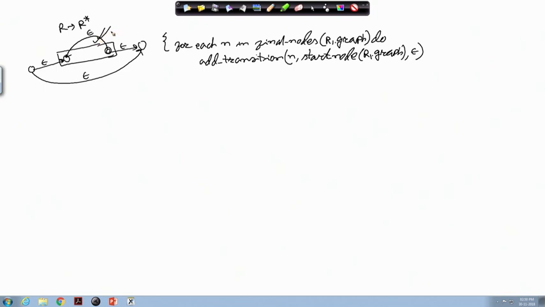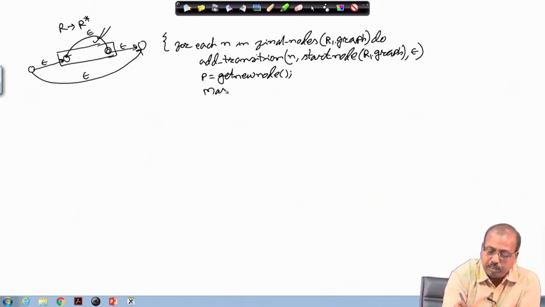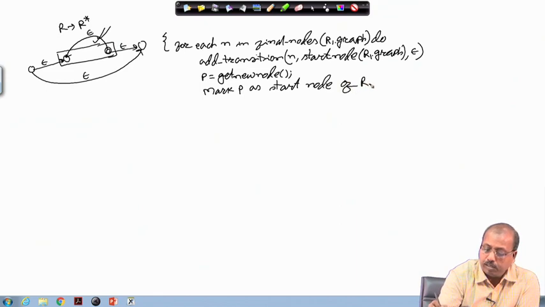Next, I have to add the new start state. For that I have to get a new node, so P as get new node. And then mark P as start node of R dot graph.